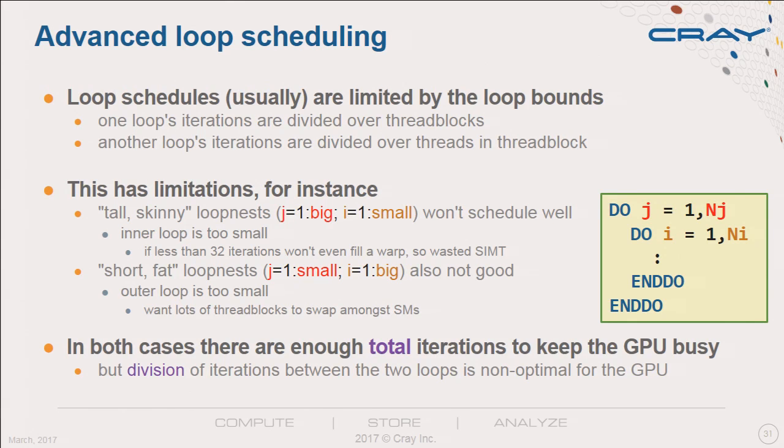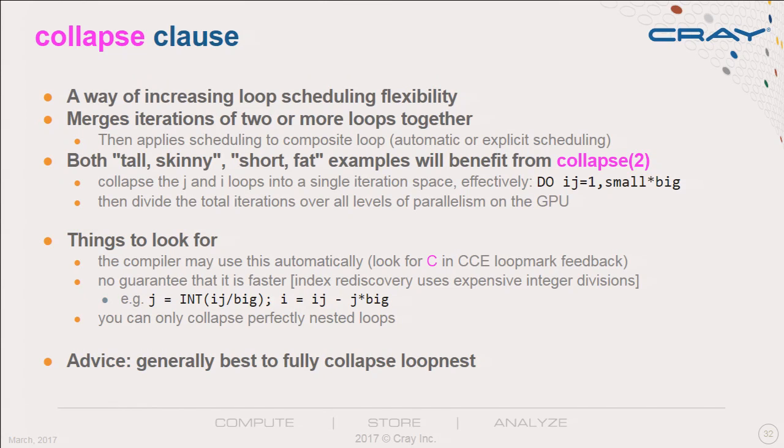So what you can do then is use the so-called collapse clause. I think most of you are aware of that, even from host OpenMP parallelization. You can specify collapse(2) and collapse these two nested loops. They have to be perfectly nested into one big loop, which then goes, for example, from index 1 to the product of the loop limits of these two loops.